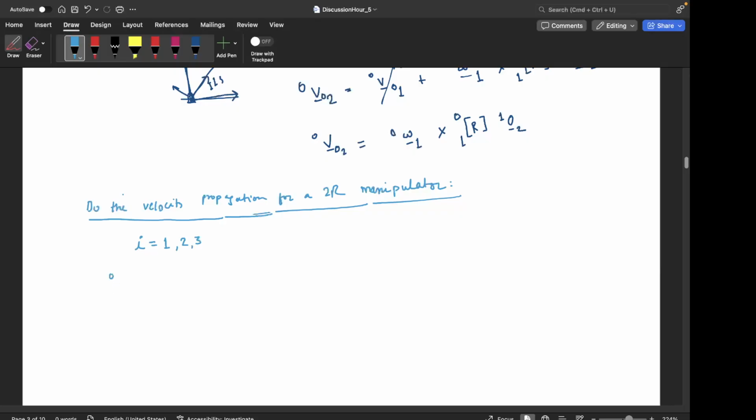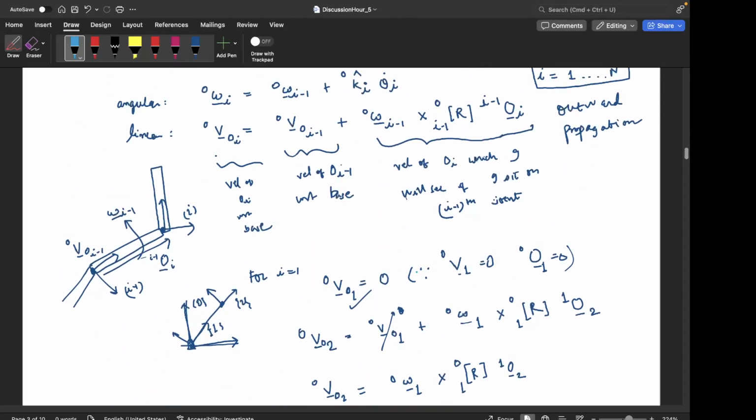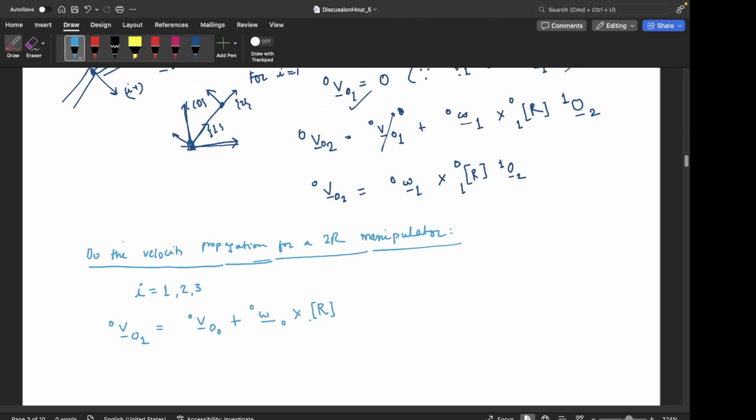So first would be v01, which we just saw, and this will be v00 plus omega 00 cross o01.